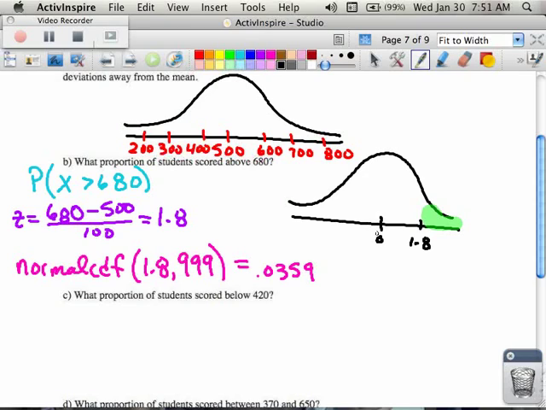I know that the 0.0359 proportion is the area under the curve, or the probability, of students that would score above 680. So the answer is exactly what we found in the end, so I would write down equals 0.0359.